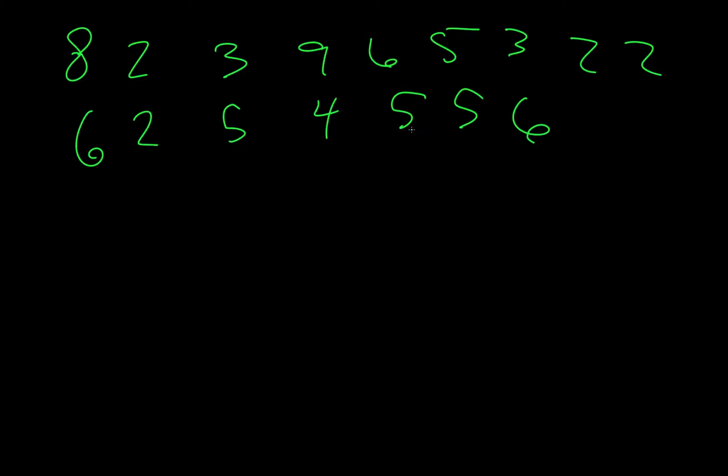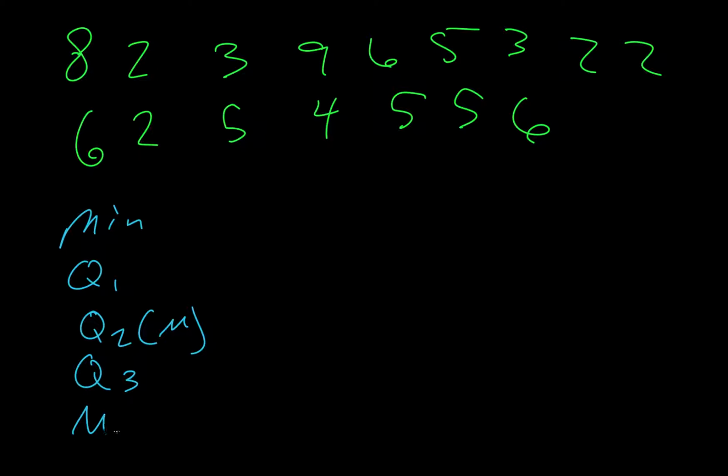So what that means, it's those 5 values that we wanted, and so we write those out. So we have minimum, Q1, Q2, which is the median, Q3, and the maximum. So the minimum, the lowest number that we have is 2. The highest number that we have is 9.